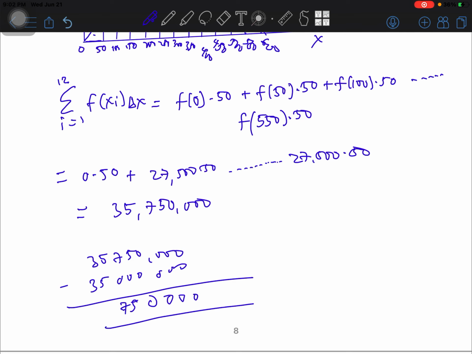So as you can see, the difference is 750,000. This means that the more you increase the subinterval, the more accurate your value gets. So this is a very significant figure. So take note, the more you increase the rectangles, the closer you get to the true value.